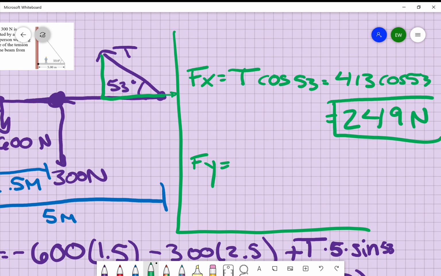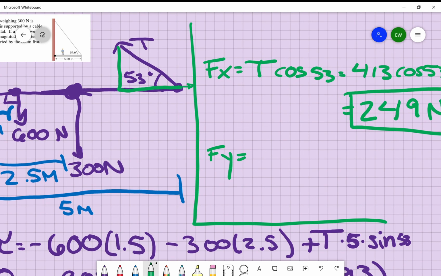That's nice. Now, the y direction, that's a different story. Now we're only considering ups and downs to be positive and negative. So, downs, we've got negative 600 minus 300. Those are my negative forces because they're going down. And then plus T times the sine of 53. We already found T, so I'm just going to substitute that in.